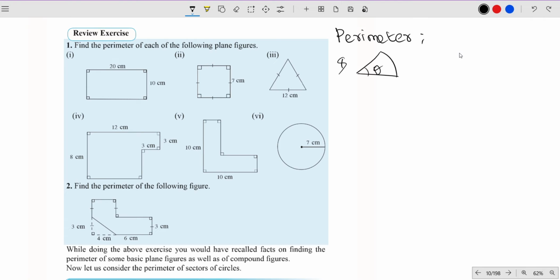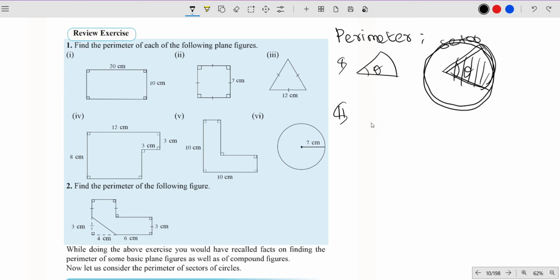It means it has an arc, two radii and an angle. So this is known as a sector of a circle. This is a circle and this one is a sector. And in this unit we will consider the perimeter of a sector.